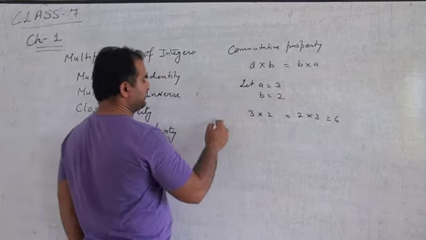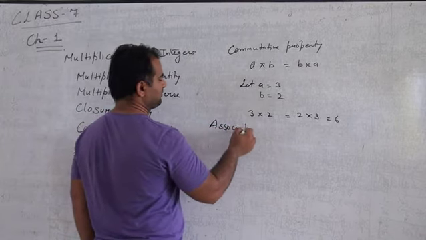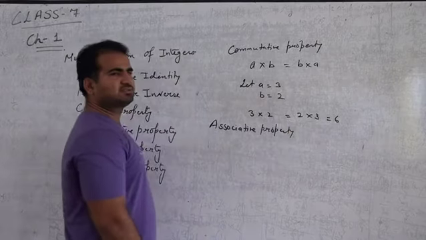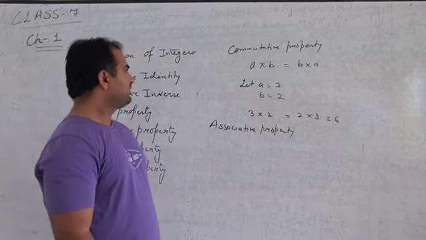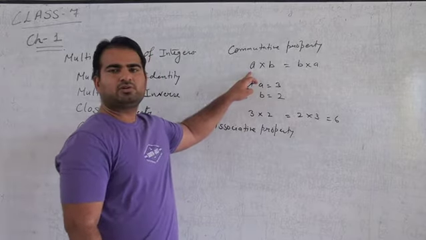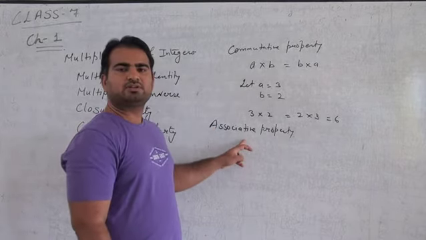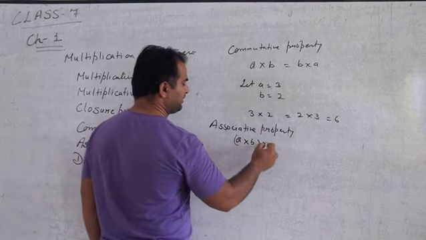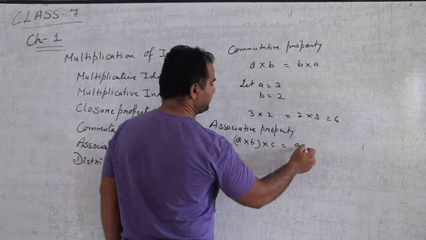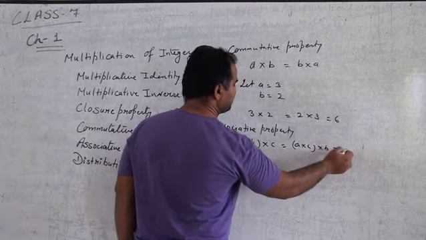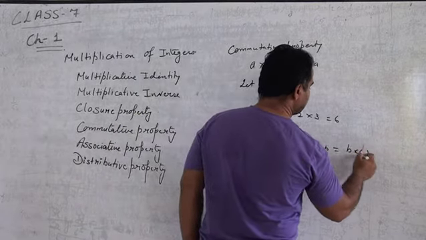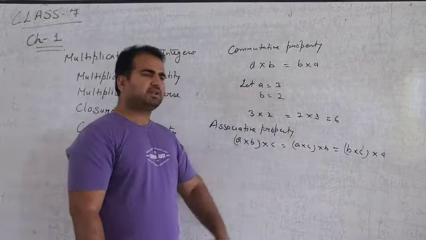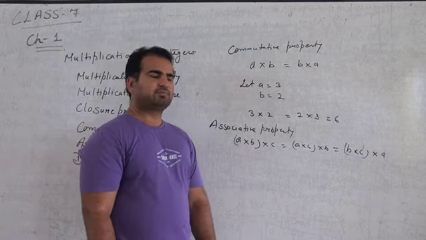What about the associative property? In the commutative property we use two integers, and in this we will use three integers. So A into B into C is equal to A into C into B is equal to B into C into A. Whichever combination we take, the answer will always be the same.